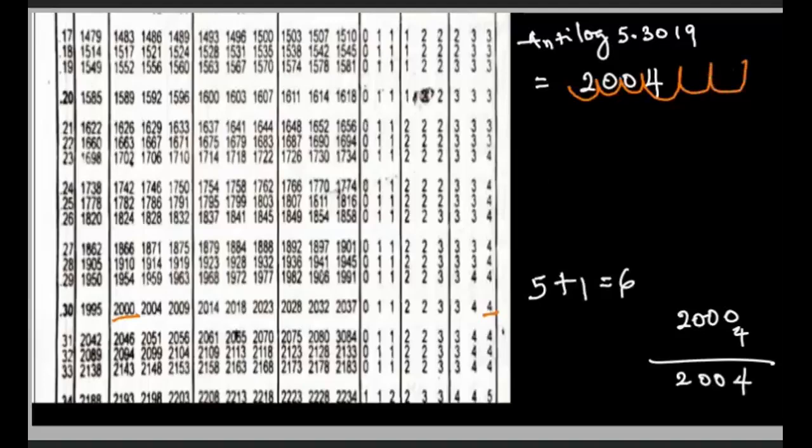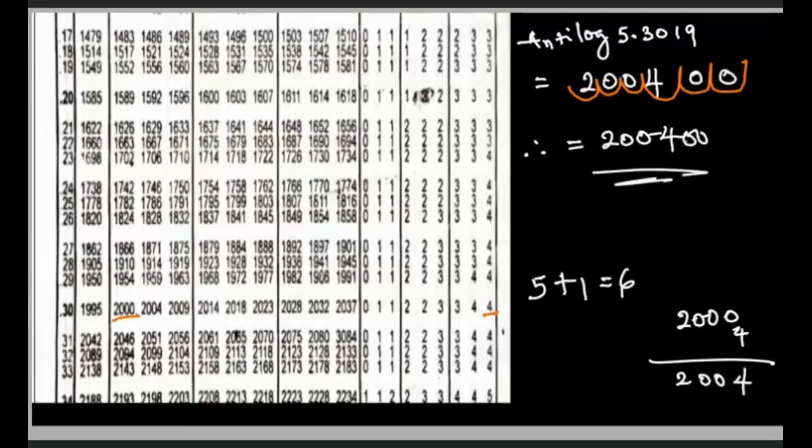There should be vacant places here, so these should be occupied by 0 and 0 as well. So therefore our answer becomes 200400.